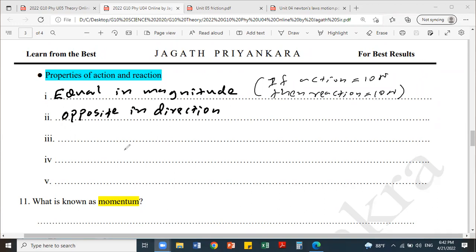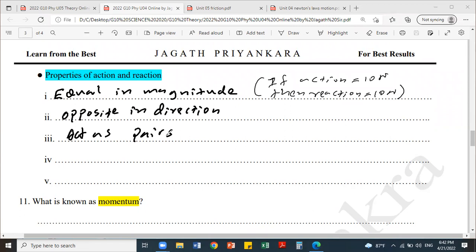That means only action is not possible, only reaction is also not possible. So if there's an action, there will be a reaction. Therefore they act as pairs.